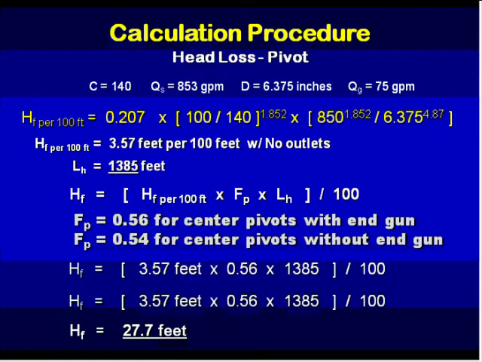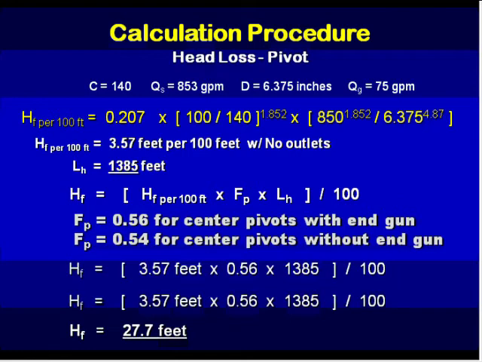I'm using with the end gun in our scenario here, so we're going to put 0.56 in the equation. We had the 3.57 feet times the 0.56 times 1,385, which is our effective hydraulic length. We divide that by 100, and now we're going to say that the friction loss in our center pivot, where water enters the pipe at 850 gallons a minute in a 6 5/8 inch pipe, is going to be a friction loss of 27.7 feet of head.